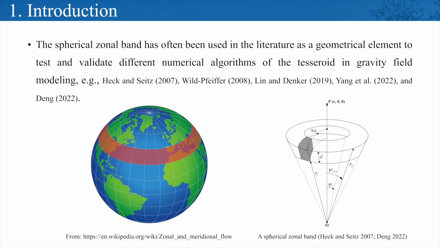This is a spherical zonal band equally divided by the tesseroids along the longitudinal direction on the right side. Similarly, the reason for a spherical zonal band to be the benchmark is that gravitational effects of a spherical zonal band have analytical solutions when the computation point is located on the polar axis or z-axis.